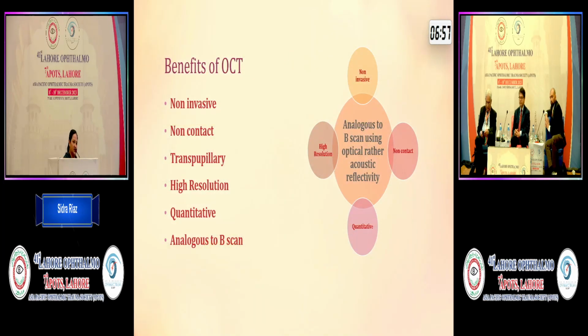A benefit of OCT is that it is non-invasive. Media clarity is mandatory for OCT. Even some of the machines say that pupillary dilatation is not required, but every patient for glaucoma, retinal, RNFL should be dilated. It is a non-invasive, non-contact, high-resolution technique which produces quantitative results, and it is very analogous to B-scan.